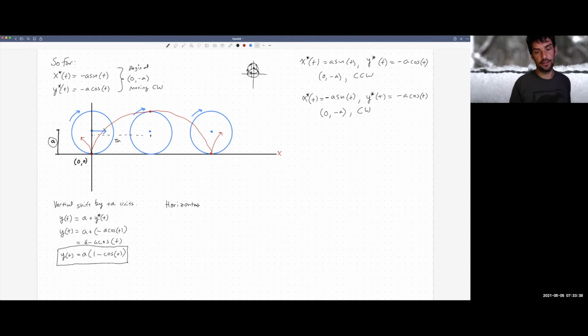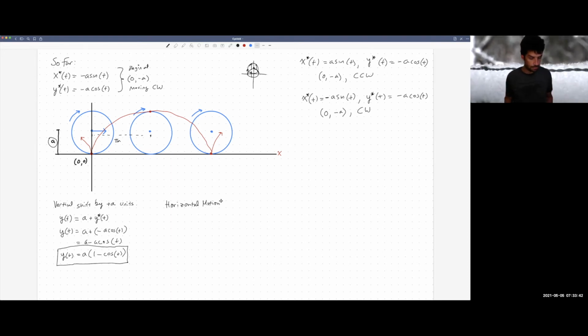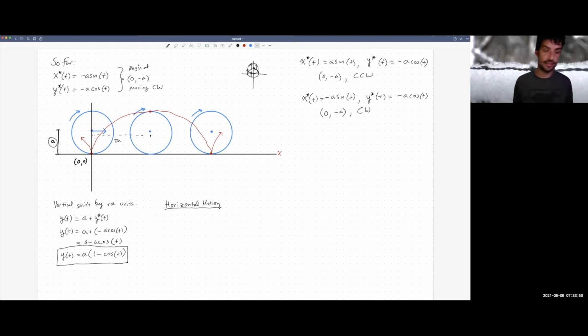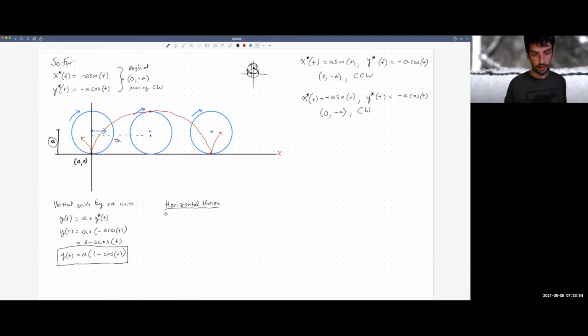Let's say this. I'm not sure if I said this clearly, but part of what's going on here is that this circle is rotating at a constant speed. Okay, so it moves right at constant speed.